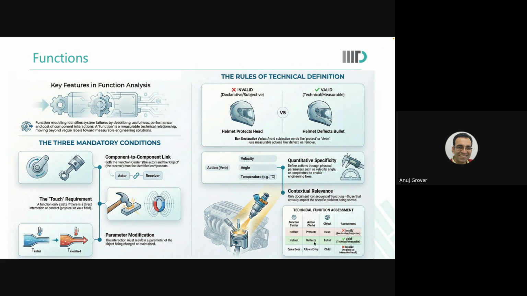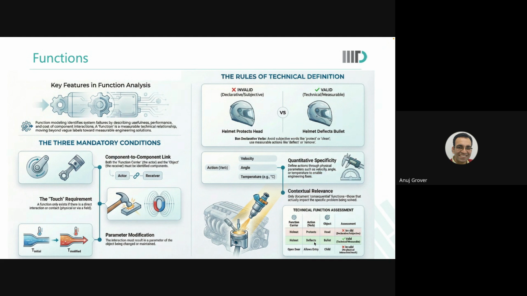We said that we cannot use declarative statements in defining functions. Why? Because they are subjective. The moment we use terms like clean or protect, the definition will be subjective. For you, something is clean; for us, something else is clean. For you, something is protection; for him, something else is no protection. We do not use declarative verbs when we define functions. We have to be extremely clear.